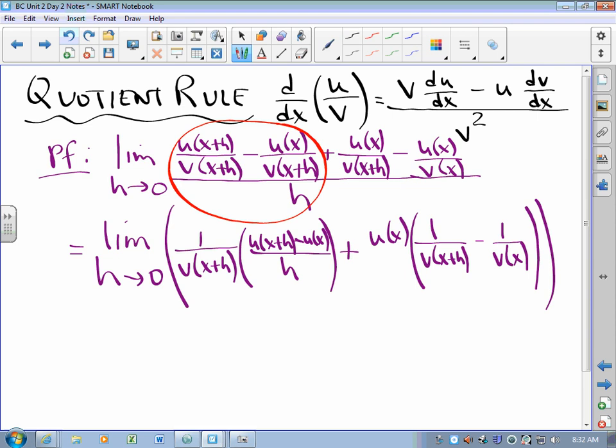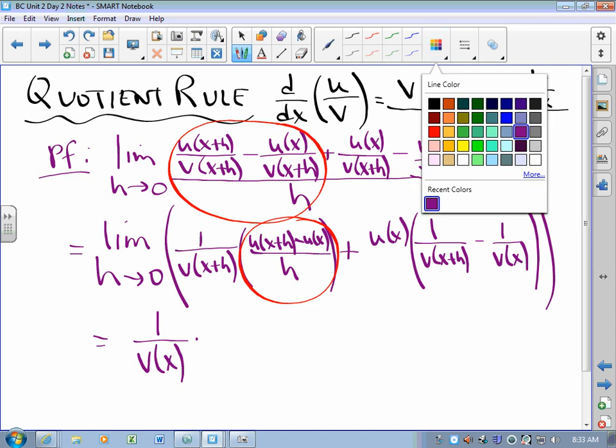So here's the craziness in all of this. If I look at the thing on the left, as h gets closer and closer to 0 it appears to be 1 over v of x times this thing, which is the derivative of u with respect to x.